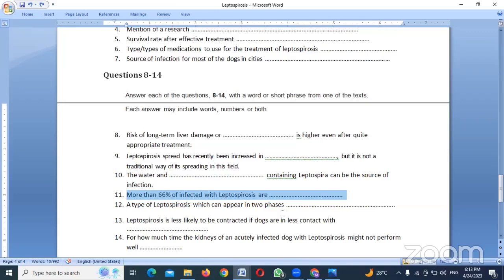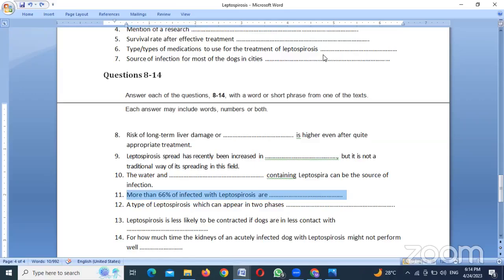Okay, so you will answer this question. More than 66% are infected with leptospira. In which text is it possible to find the answer to this question? Dr. Zartash.